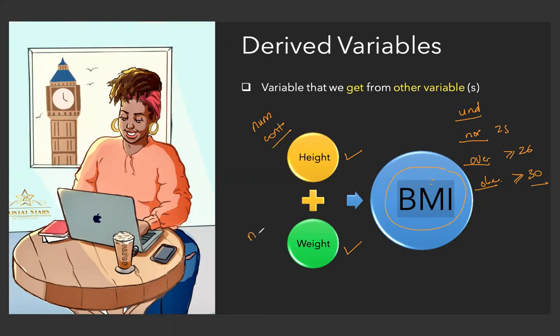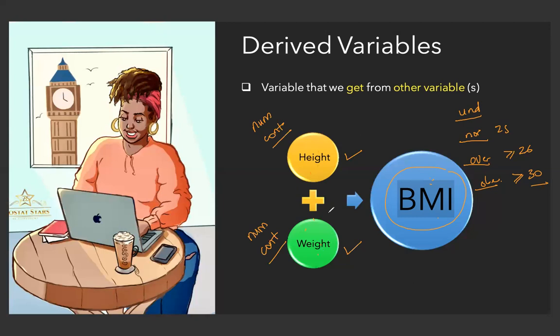Weight is also a numerical variable, and more specifically, also a continuous numerical variable. But when we use the height and the weight, from these two variables, we can make another variable, which is called BMI. So as you can see, BMI has been gotten using this variable and this variable. So this is what the derived variables are.